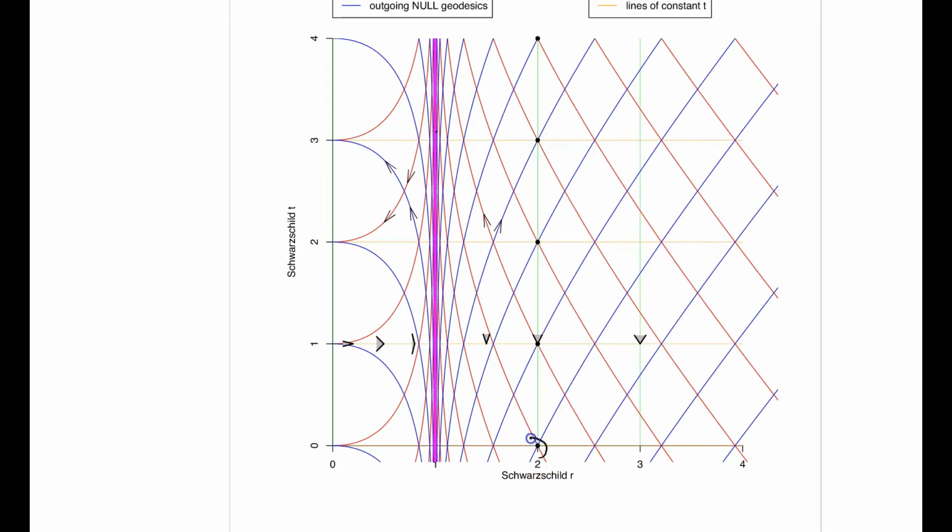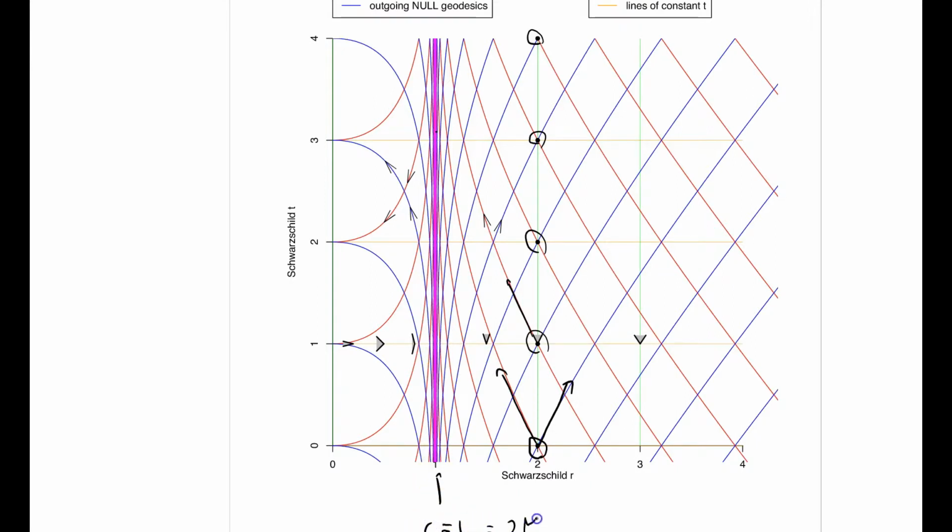So I guess there's a person stood at Schwarzschild radius 2, and at t equals 0, 1, 2, 3, 4, he sends out, or she sends out maybe, a sequence of pulses of light, which go inwards and outwards, and we can see what happens. Straight away something peculiar happens at r equals 1.